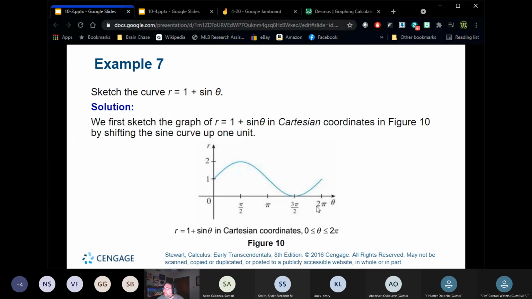So these are my theta values, and this curve tells me my radius. Notice how the radius starts off at 1, goes up to 2, back down to 1, down to 0, and then back up to 1. So that's what my radius does as I go through my curve.